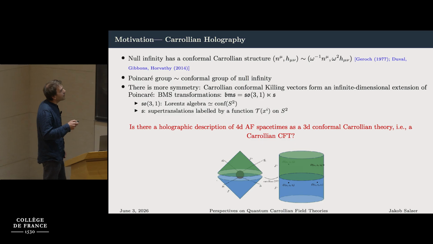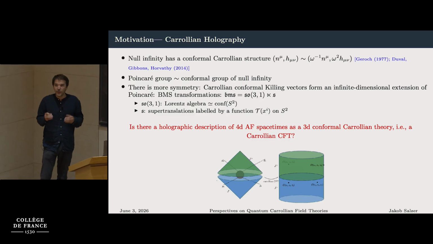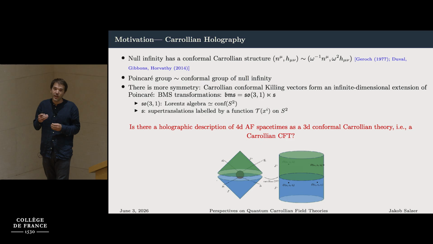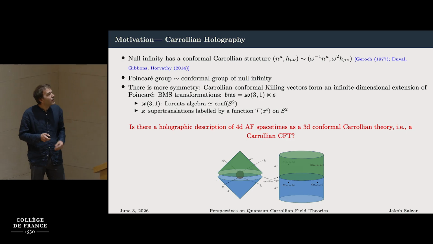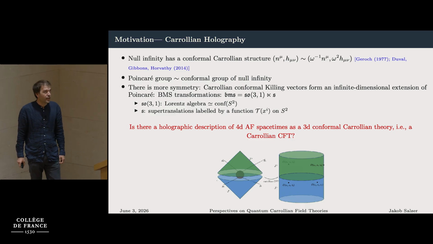Now, this null infinity has a Carrollian structure. In fact, it has a bit less of a Carrollian structure. It has only a conformal class of Carrollian structures. So you find a pair, n and h, that should be identified if they differ only by some rescaling.